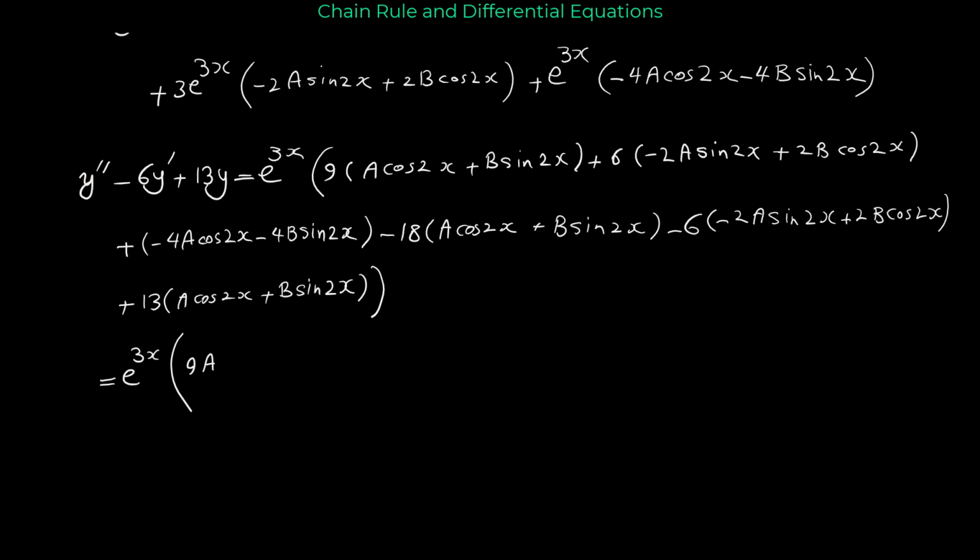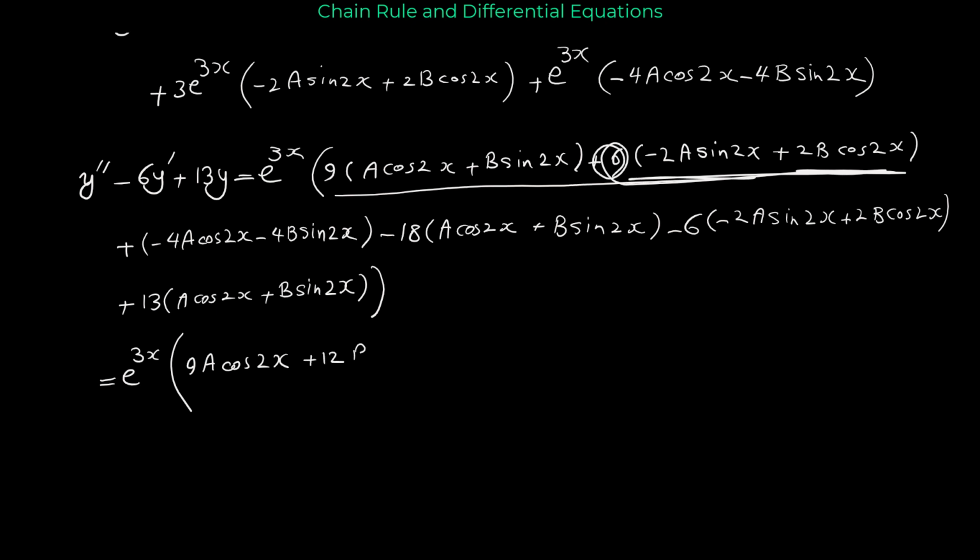Then you have 9a cosine 2x. First, let me write all the terms with cosine. If we move here, we don't have any cosine. Here we have a 2b cosine 2x, but if we have a 6 here, so we have plus 12b cosine 2x. Then we have this term minus 4a cosine 2x.